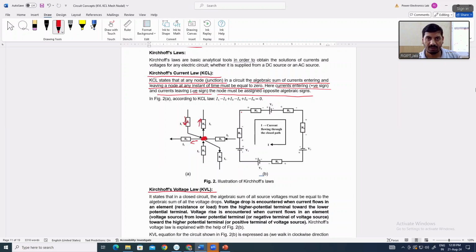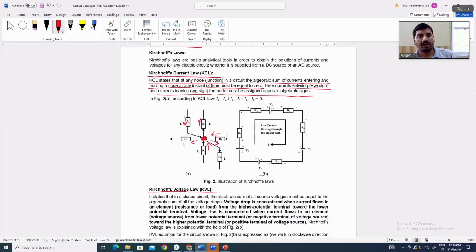This is entering to the node. This is leaving the node. This is also entering. This is leaving. This is entering. This is leaving. So 3 currents are entering this node, and 3 currents are leaving this node.